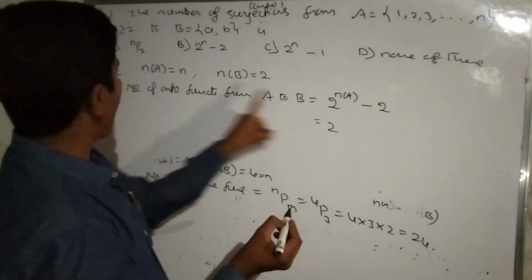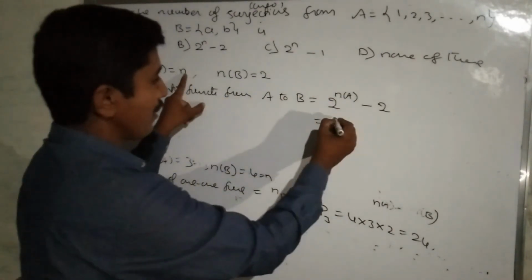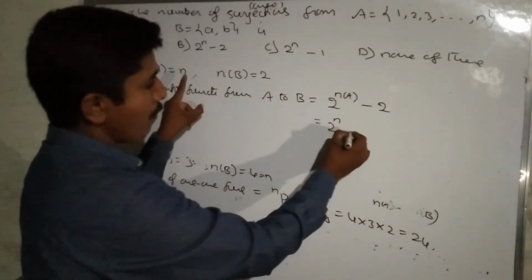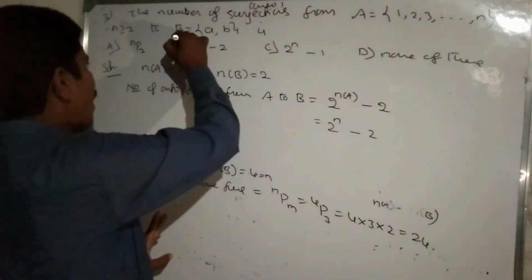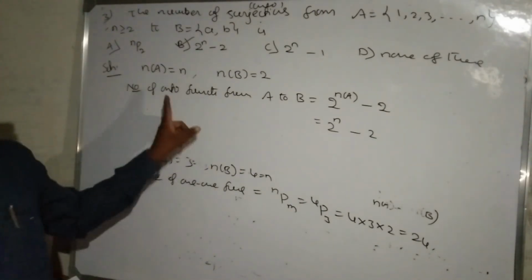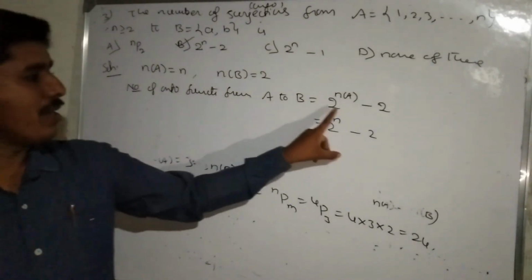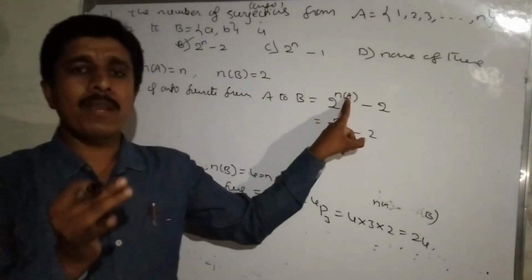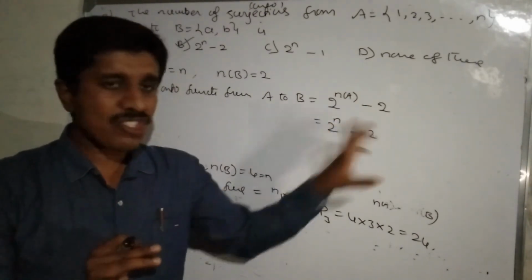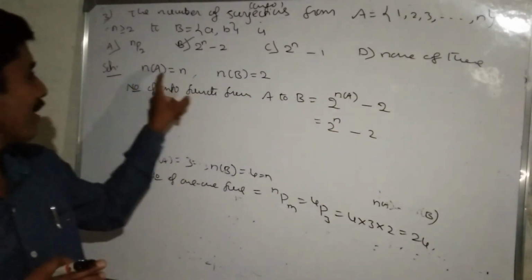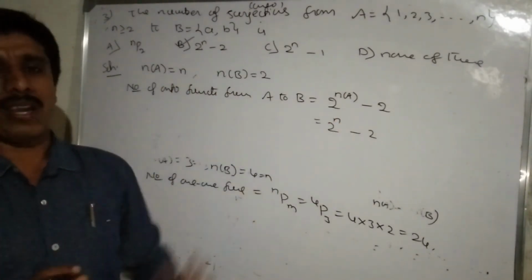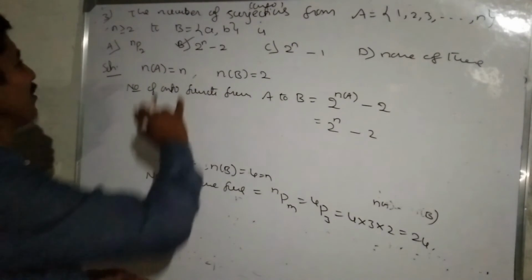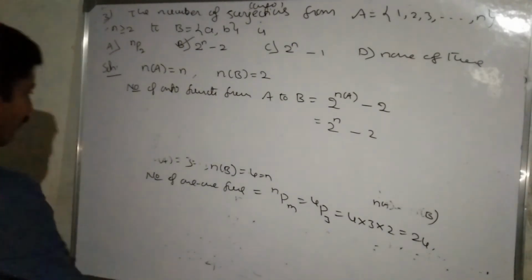Number of elements of the domain equals n. So 2 power n minus 2. Clearly B option is the right option.